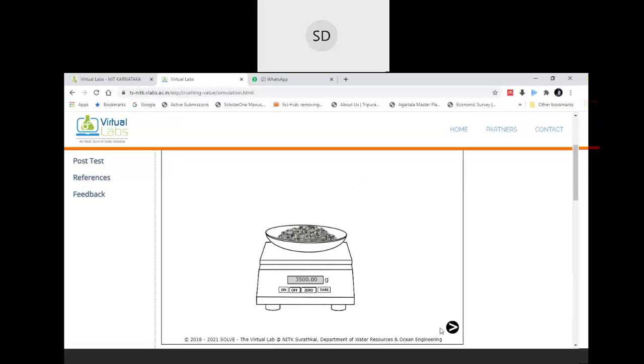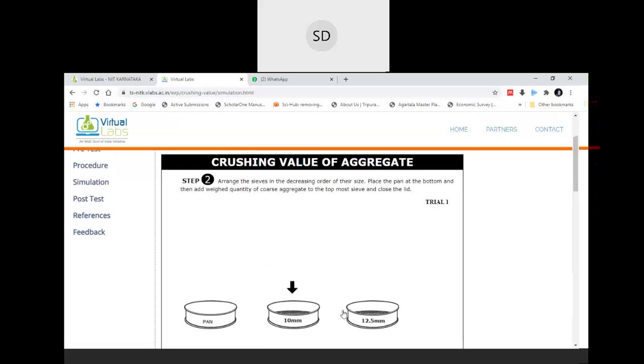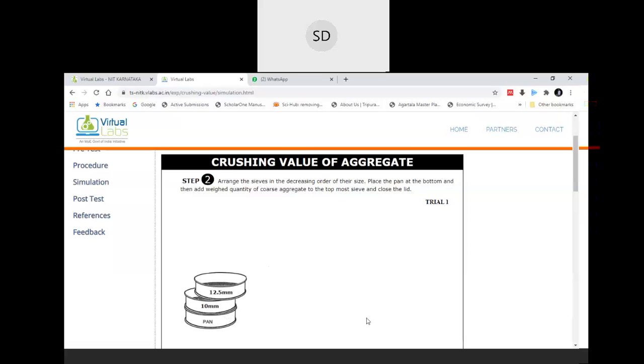I have already told you that the aggregate should pass through 12.5 mm and be retained on 10 mm. So take two sieves, with the 10 mm sieve placed below and the 12.5 mm sieve above it.